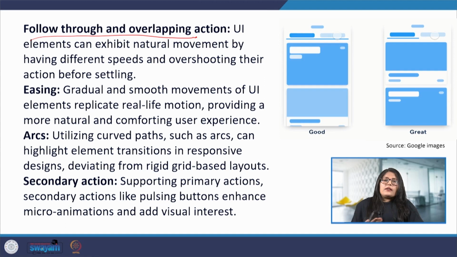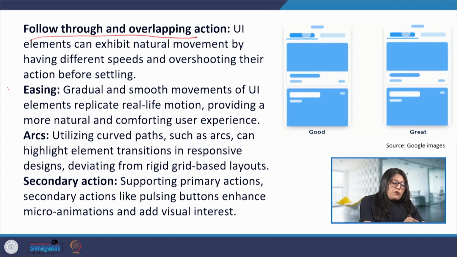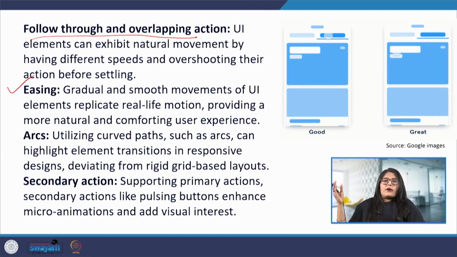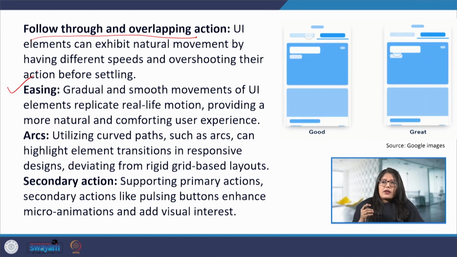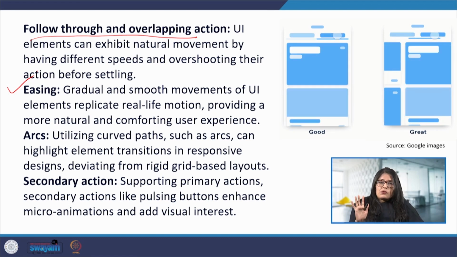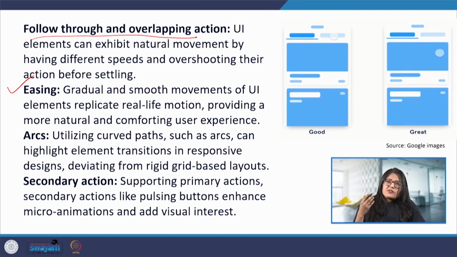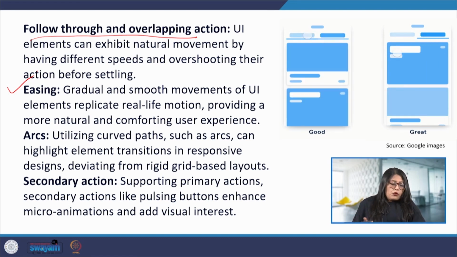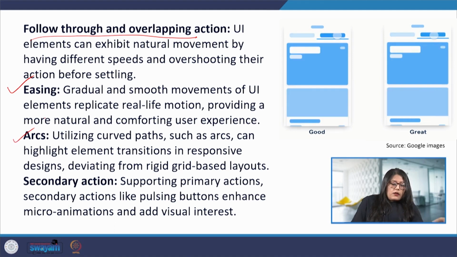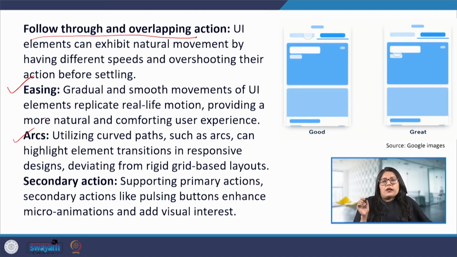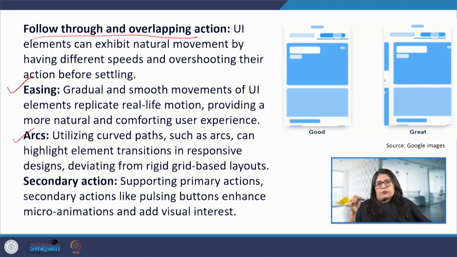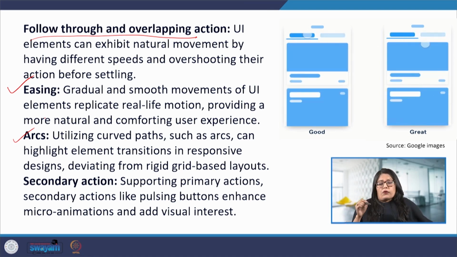We have seen one example, one way which is easing, where a gradual and smooth motion replicates a real life motion, for example somebody running and then coming to a stop. So, it gives a very natural experience to the user. The other is the arc, where we use certain paths in the field for the animation to move around.